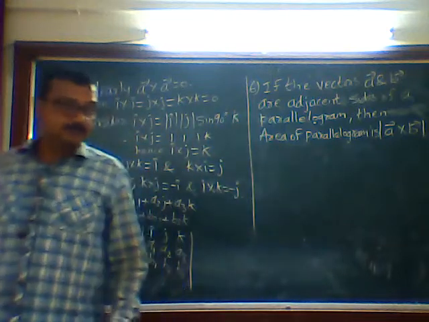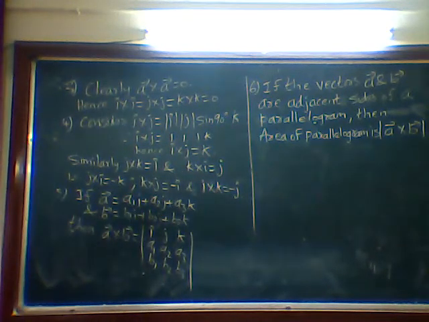This is the formula. The area of parallelogram is mod a bar cross b bar.